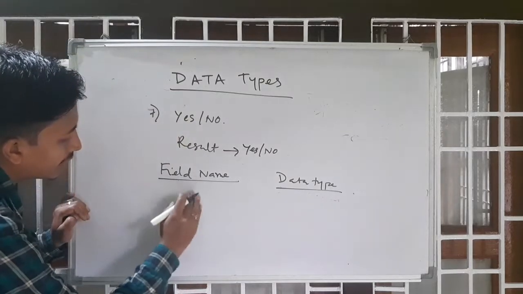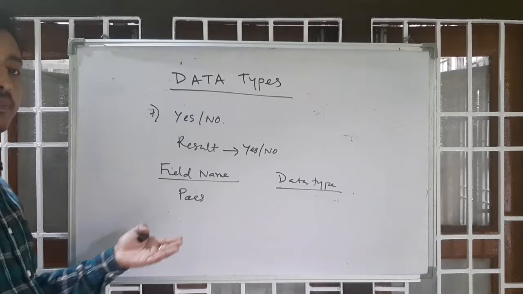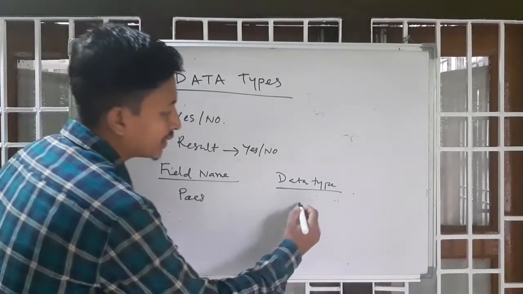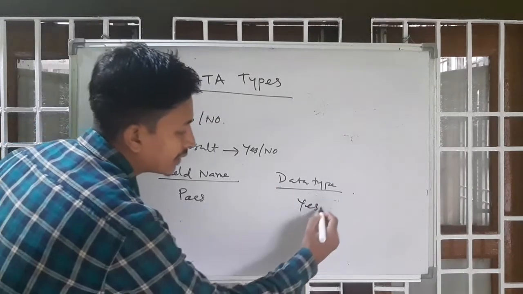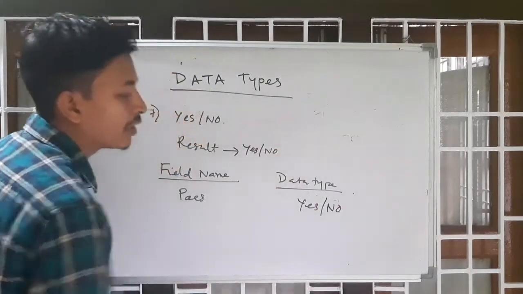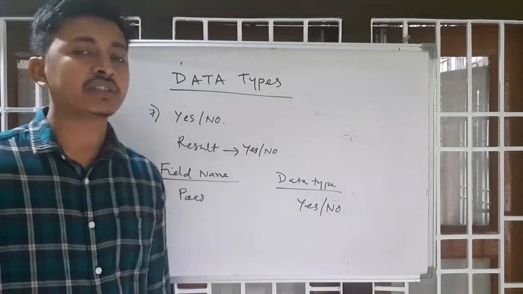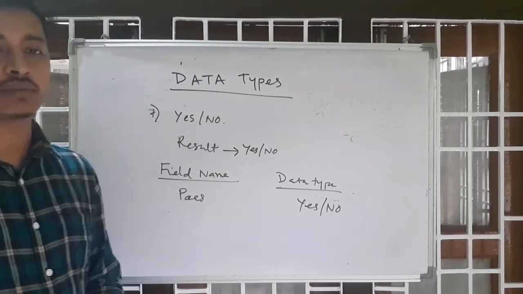The field name may be pass. The student passes or not. If the student passes, the answer will be yes. If the student does not pass, the answer will be no. So in that situation, we have to use the yes no option or yes no data type. It's very important. Okay, understand?